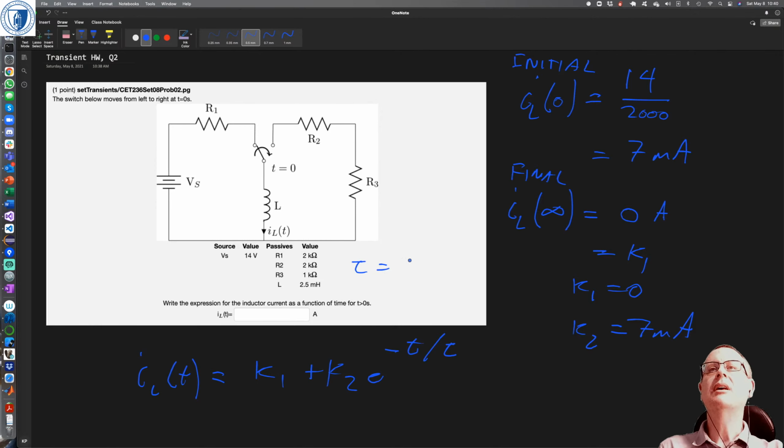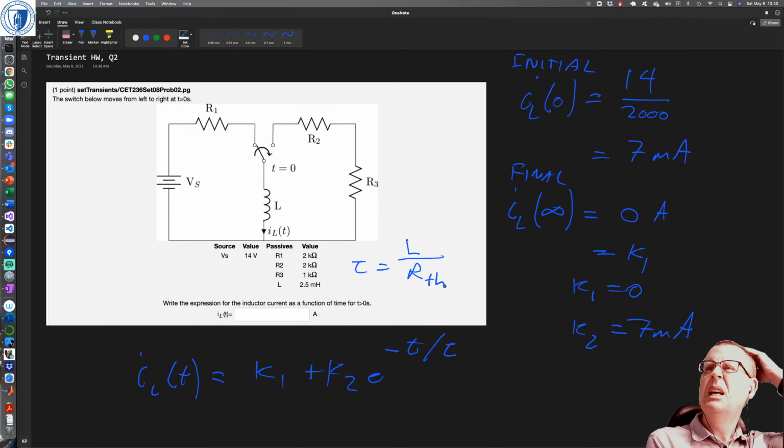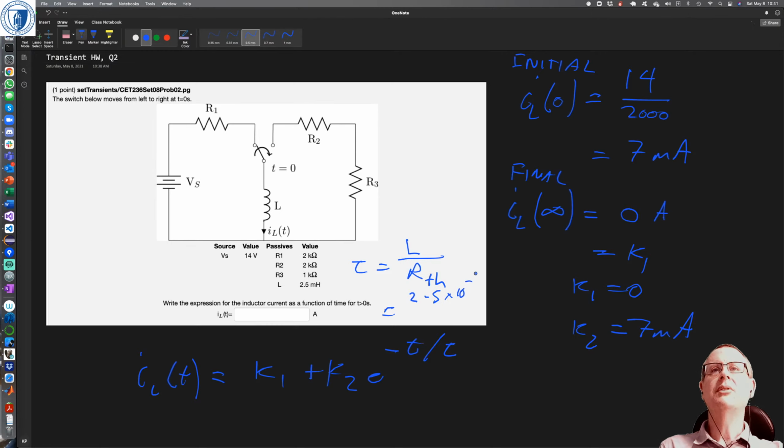Again, tau in this case is L on R, but remember it's the Thevenin resistance. In this case, we have R2 in series with R3. So RTH is just 3 kilo ohms because they're in series. And it's going to be 2.5 by 10 to the minus 3, which is L, divided by 3000.